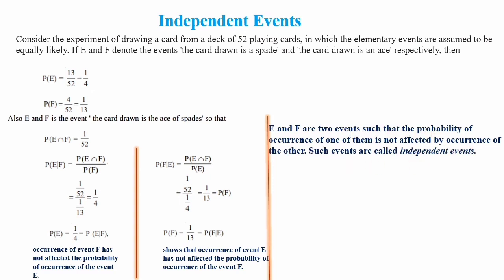Occurrence of one does not affect the occurrence of the other. As the word says, independent means not dependent; they do not depend on each other. This is the condition for independent events.